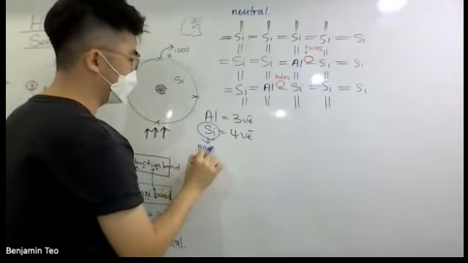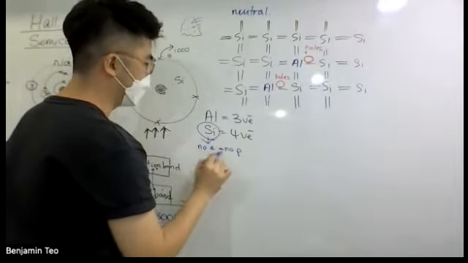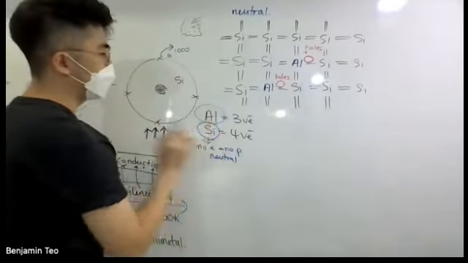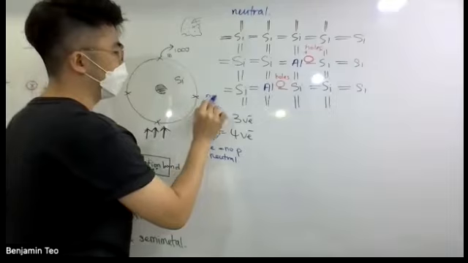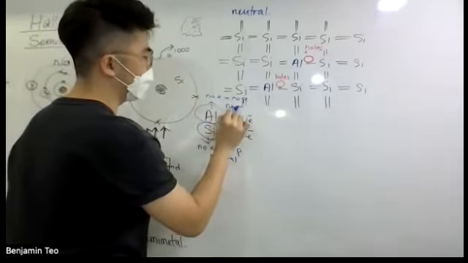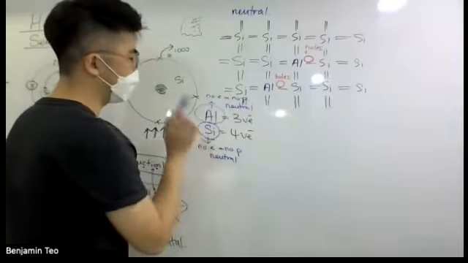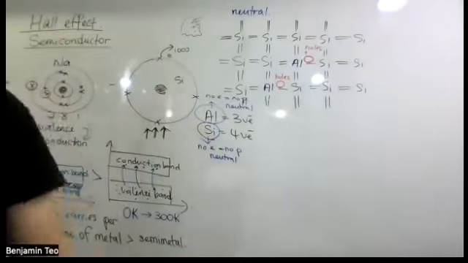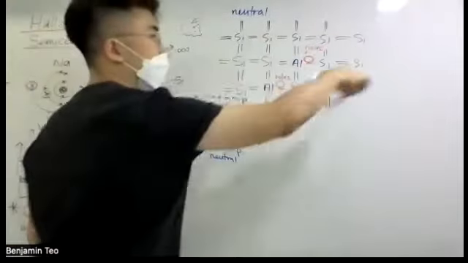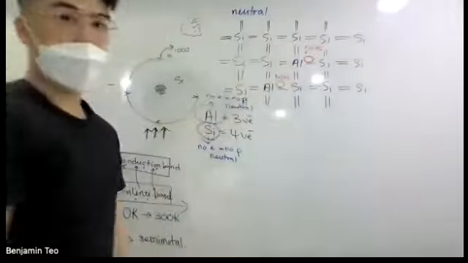Number of electrons is the same as number of protons. It is neutral. Aluminium, what is the charge? Number of electrons is the same as number of protons. So this is also neutral. You take 1 neutral, add with another neutral, you get neutral also. So the charge of this semiconductor is neutral.